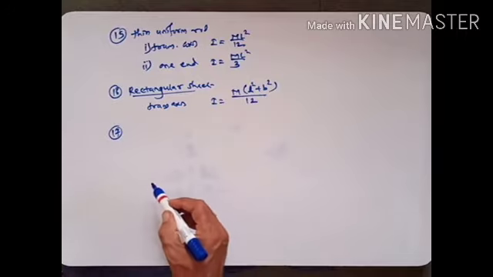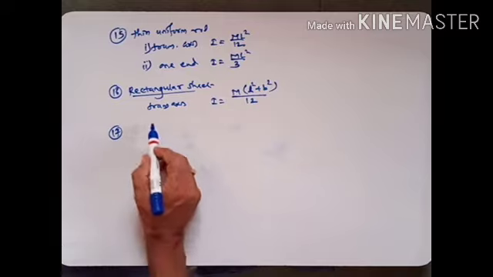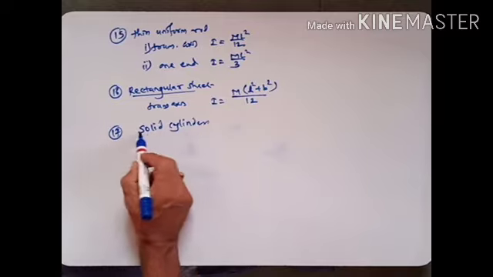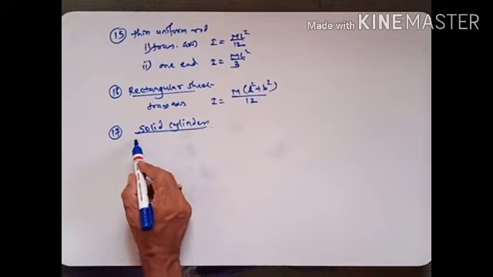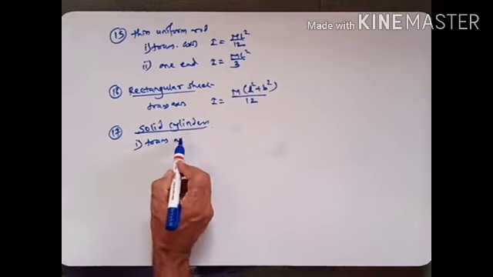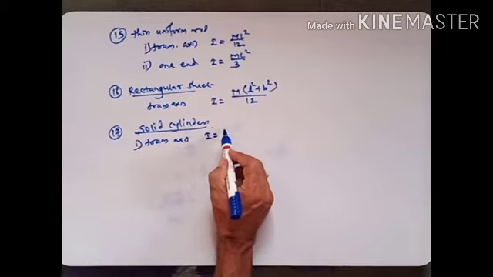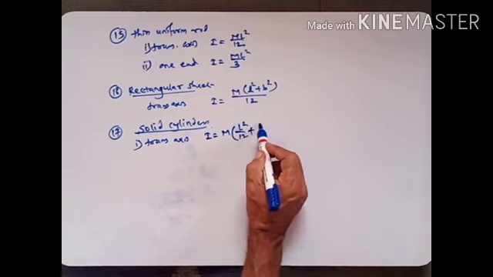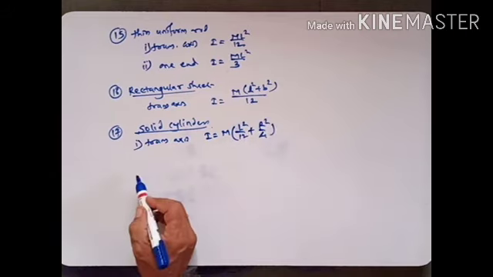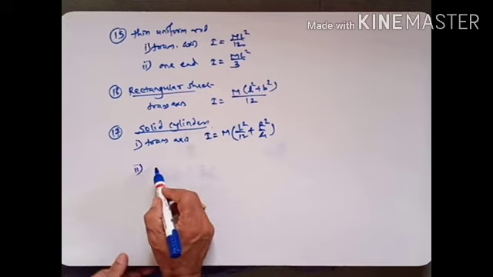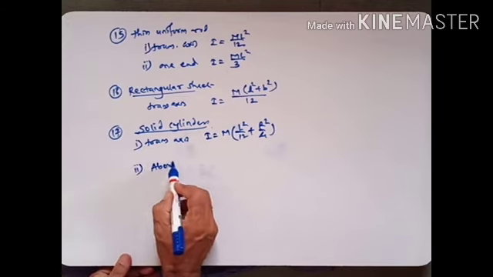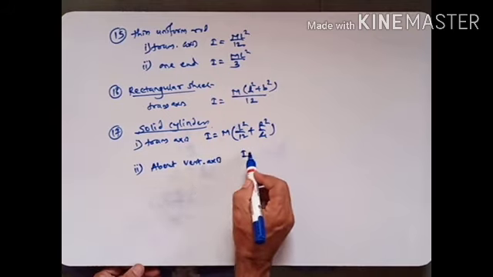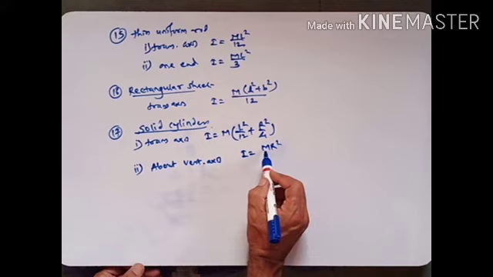Point number 17, we consider solid cylinder, transverse axis. I is equal to m into l square upon 12 plus r square upon 4. And about vertical axis, just like a disc, we write I is equal to m r square upon 2.